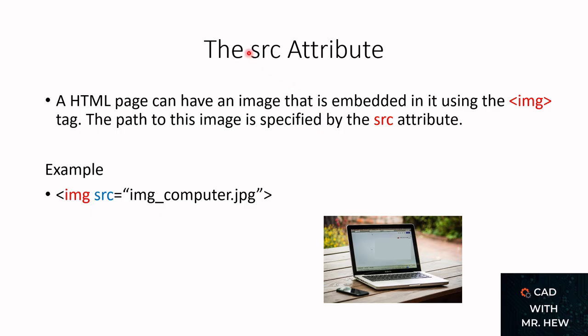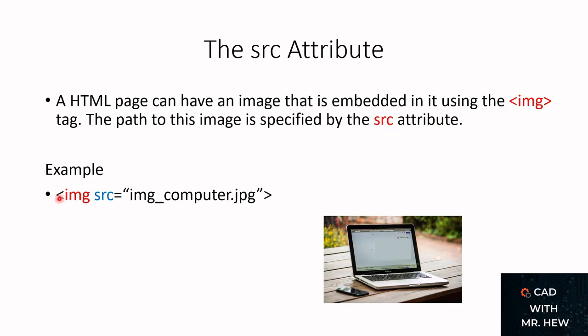All right. Let us now look at the SRC attribute. An HTML page can have an image that is embedded in it using the image tag, which is the left angle bracket, img, right angle bracket. The path to this image is specified by the SRC attribute.